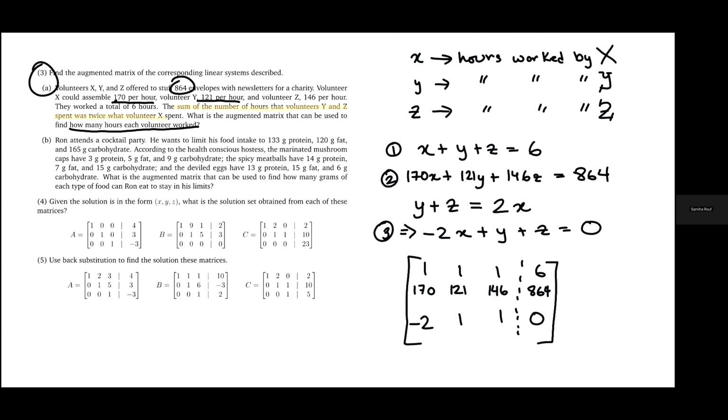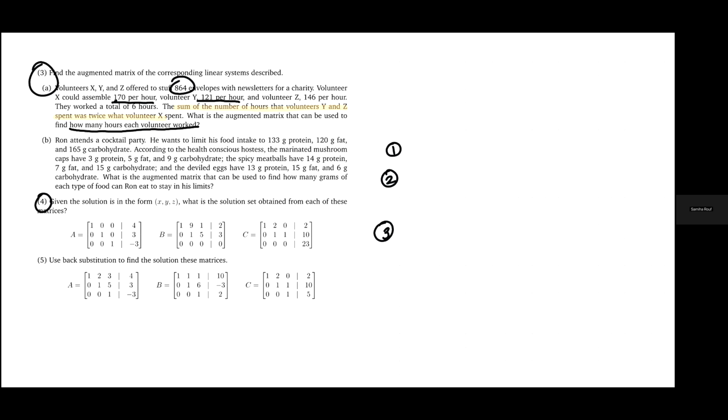Okay. Now let's look at number 4. Let's first clean this up. In number 4, we're given 3 matrices and we want to use those matrices to find their solutions.